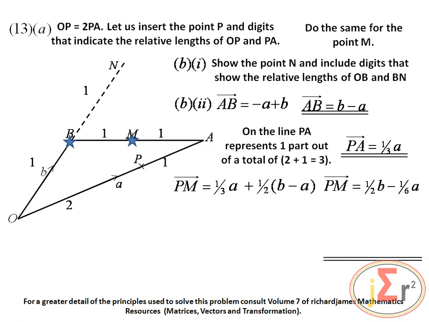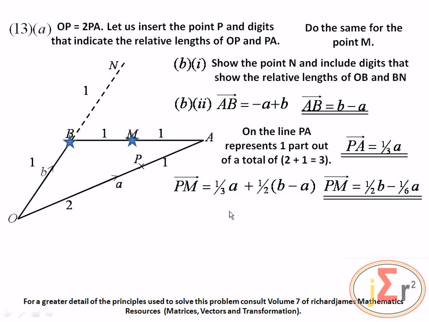And that we will simplify. We only have 1 occurrence of b, so a half of b goes right there. Now we have 1/3 of a, from which we will subtract a half of a.